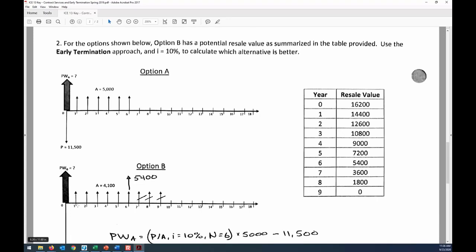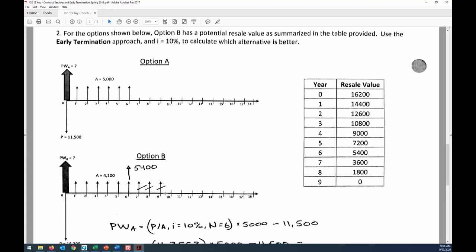So the first, second, third, fourth, fifth, 6th year. If we go over here to the table, at the end of the 6th year, the resale value is $5,400. So that's not necessarily the same thing as if we had found the present worth of that revenue in years 7, 8, and 9. So we just go to the table and find out the resale value.